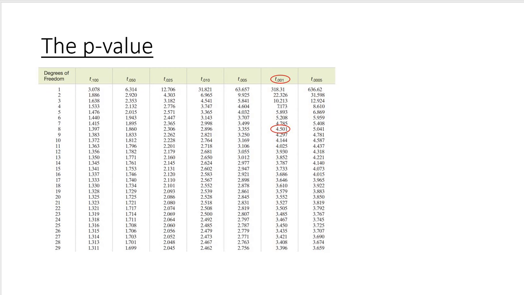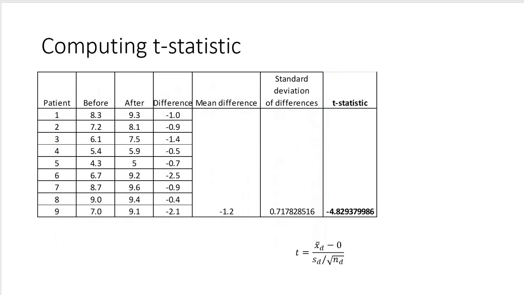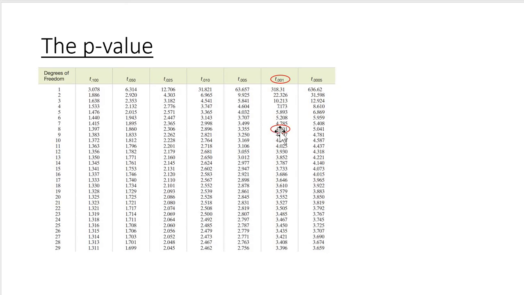We can also go for the p-value. So here we are going to look for the closest value corresponding to our number of degrees of freedom. So we have 8 degrees of freedom. The statistic is negative 483. And here it is.